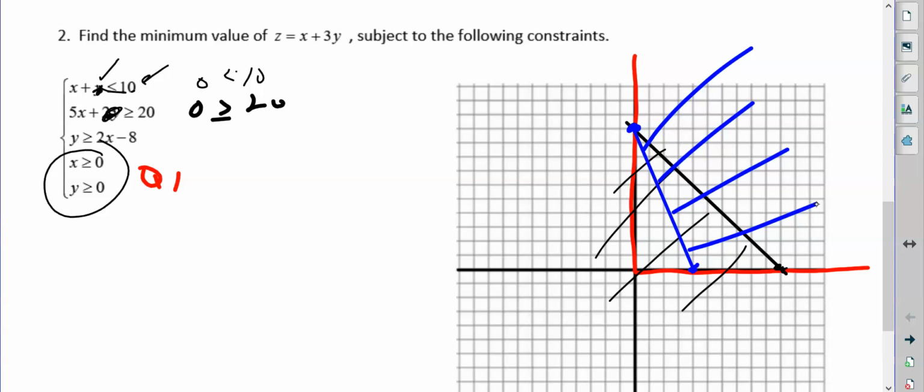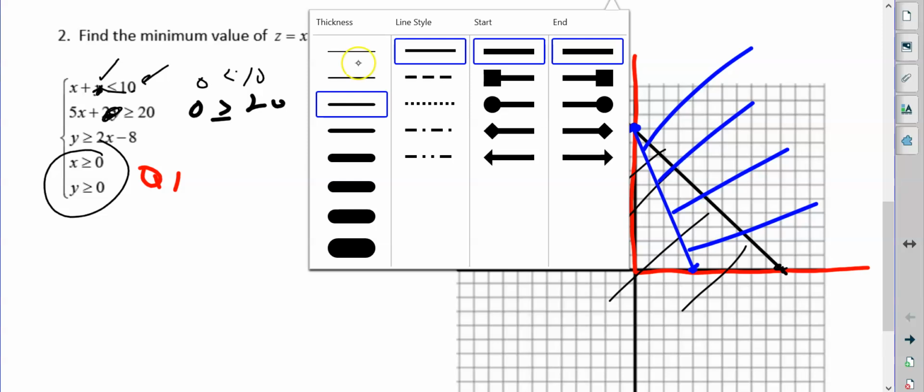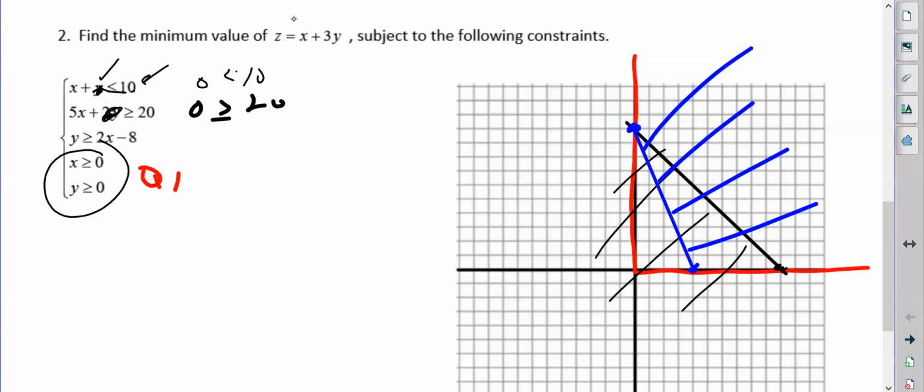And our last one, y is greater than or equal to 2x minus 8. So I'm going to put a dot here at 8, and then go up 2, right 1, up 2, right 1, to give me more of a line to graph.